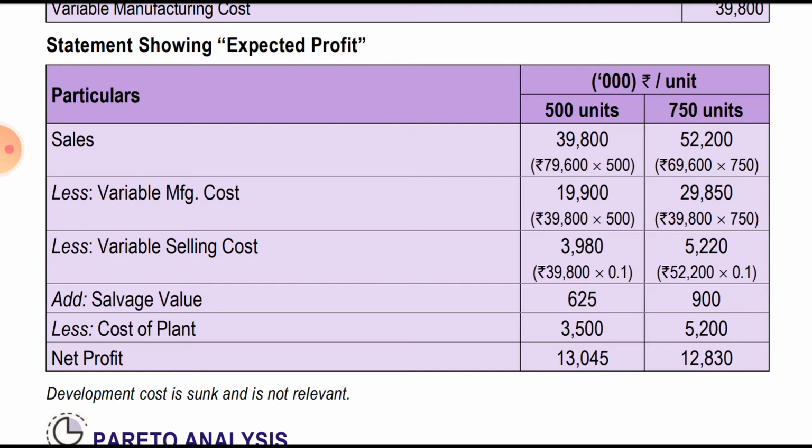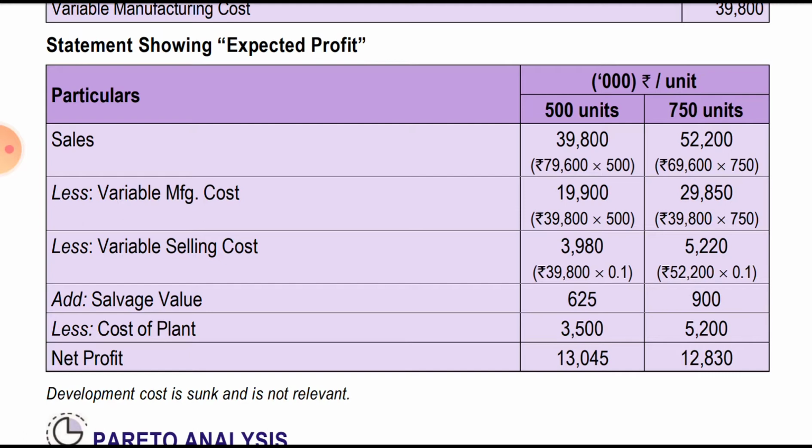But this is just a financial view. If we see a non-financial view, we are increasing our customer base from 500 to 750. That customer will also bring more customers, that will increase the image, we are increasing our market share from 500 to 750, that is by 50%.